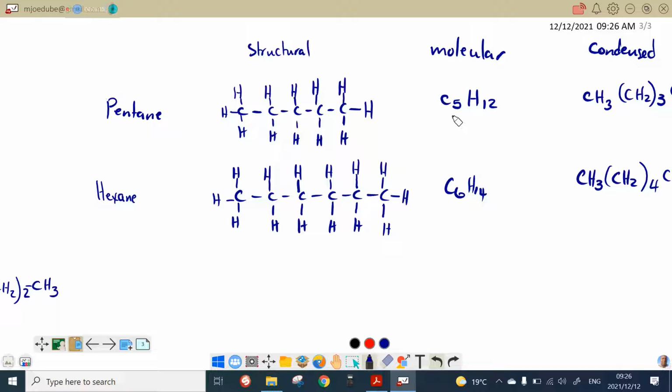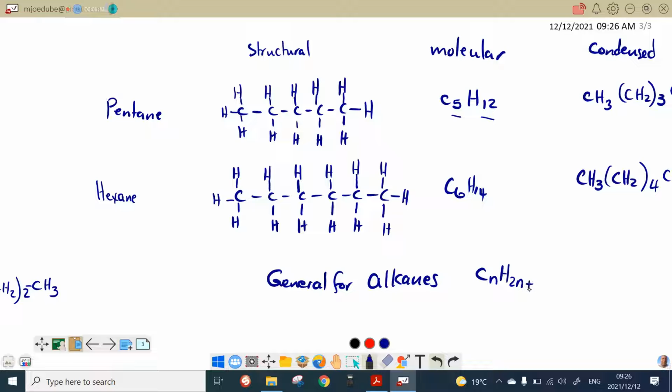So here you find that you've got C5H12, CH4, etc. What you are looking at is the general formula for an alkane. It is CnH2n+2, where n is the number of carbons.